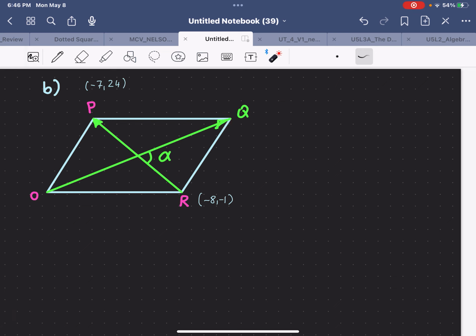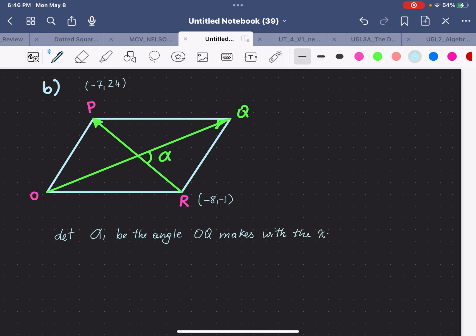If we want to find the angle made again between the diagonals OQ and RP, then we will have to again find the angles that OQ makes with the x-axis. So we're going to let alpha 1 be the angle that OQ makes with the x-axis. Okay, so this is taking a little bit longer.